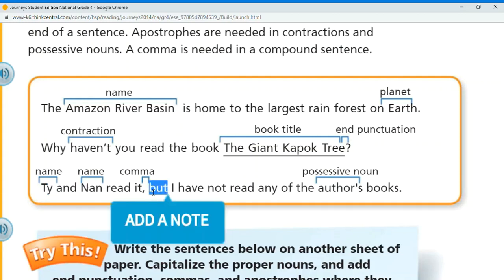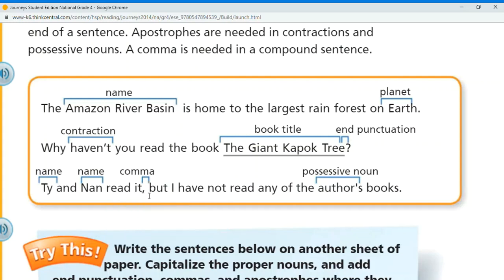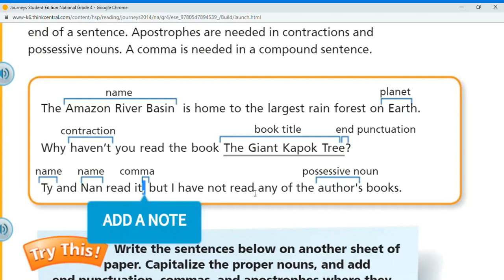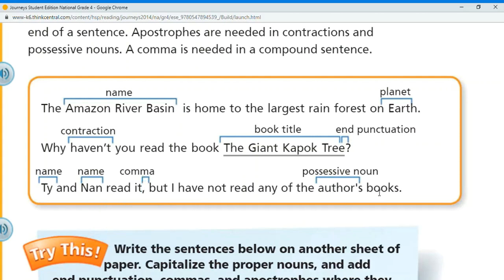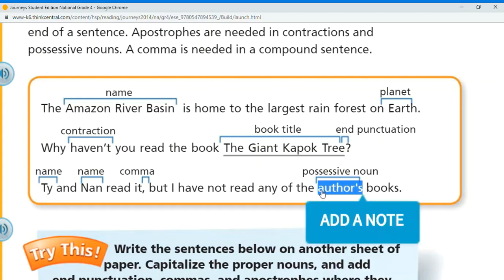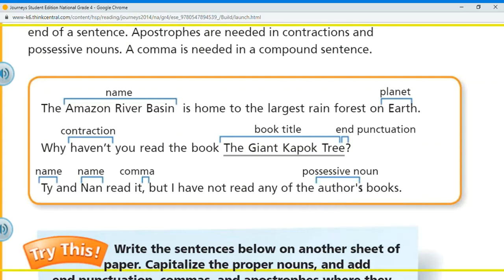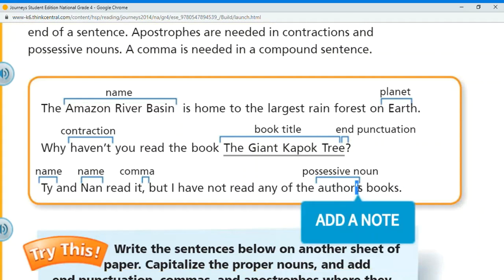So we have the coordinating conjunction but, and we've added a comma before it. And at the end of this sentence, guys, we have a possessive noun, which is author's books. So who owns these books? The author. So that's why we have an apostrophe to indicate that this is a possessive noun.